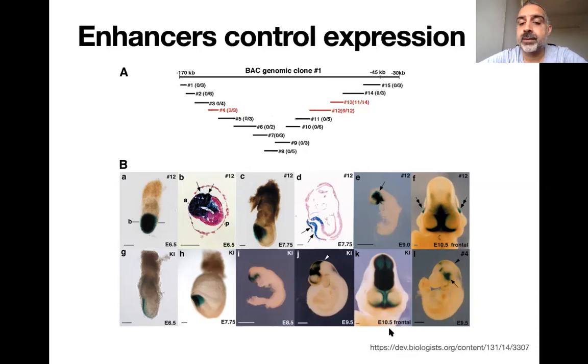And so in this paper, what this group suggested was that this fragment 12 was important for driving the anterior expression of OTX2. And so if you want to then understand whether this really is important for everything that OTX2 does in these stages, what you want to do is then remove the enhancer sequence from this fragment.